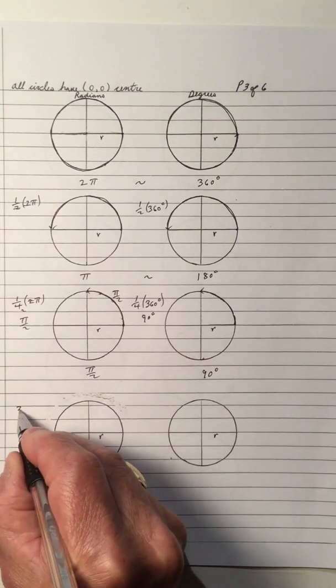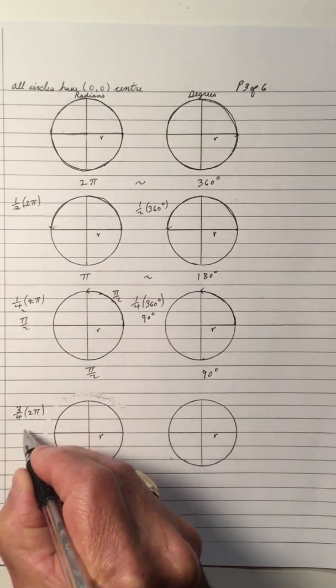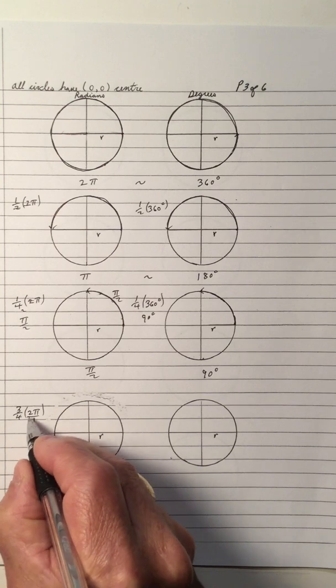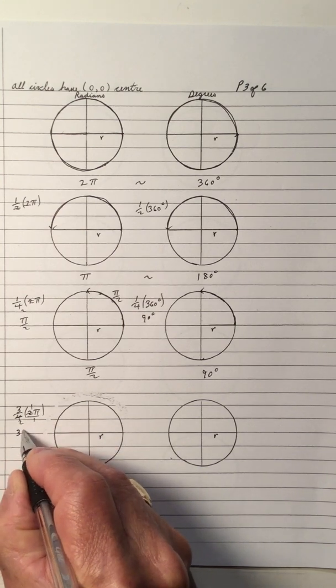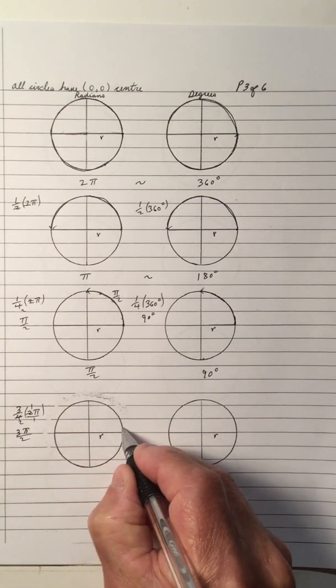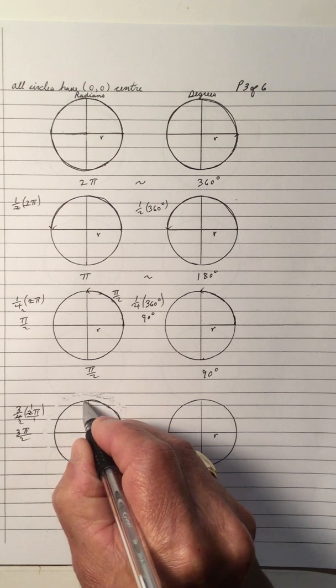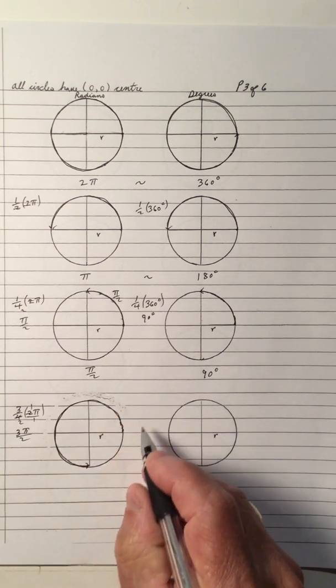And if we go 3/4 of the rotation in terms of radians, that gives us 3 pi over 2. And 3/4 of the way is right to here, 3 pi over 2.